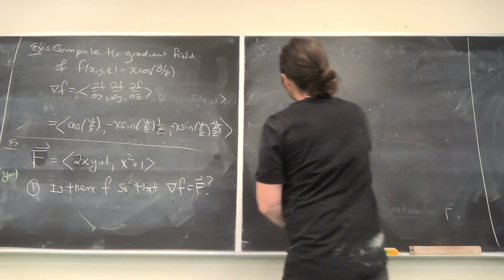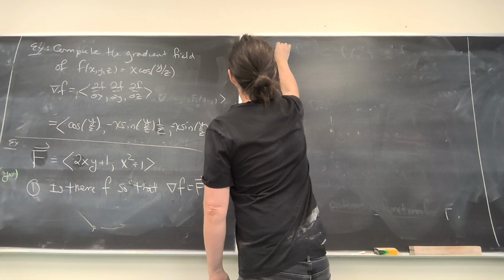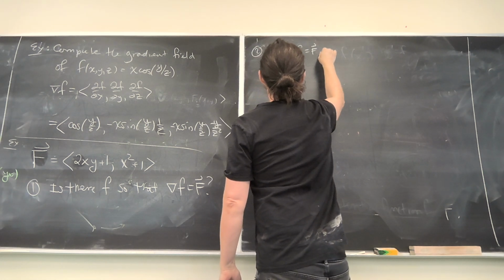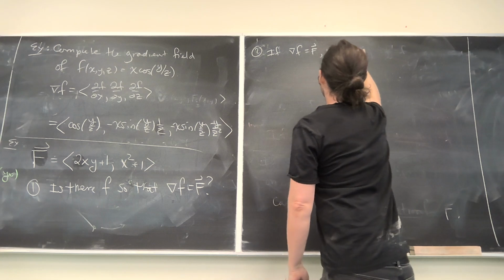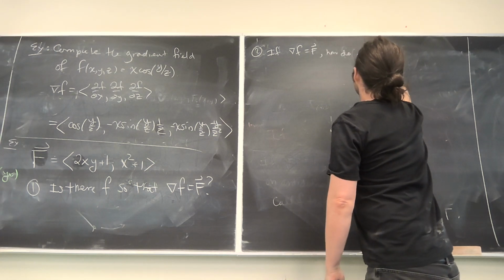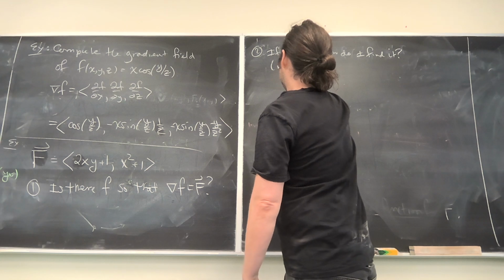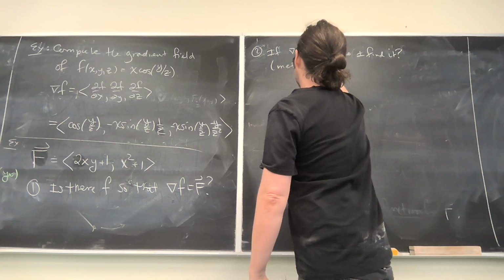Two: if there is an f with grad f equal to F, how do I find it? And the answer is something I call, anyway, the method of partial integration.